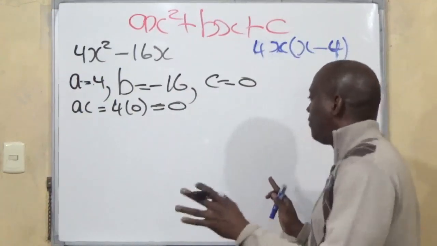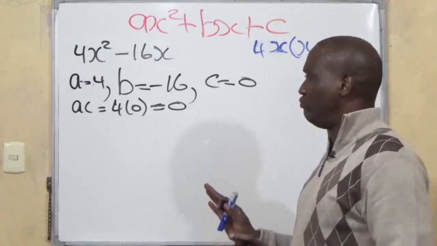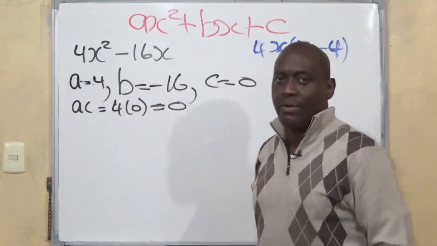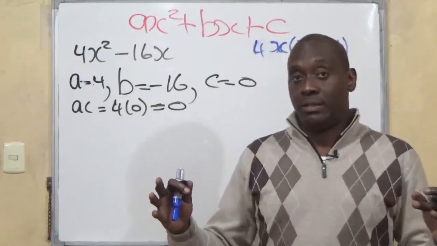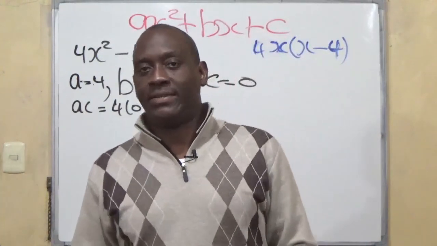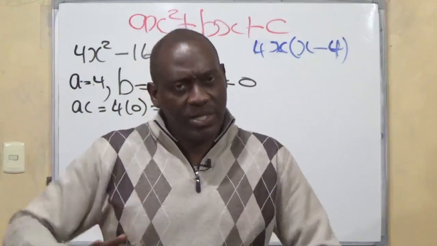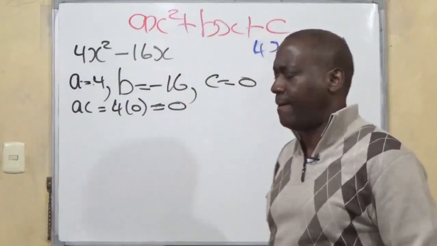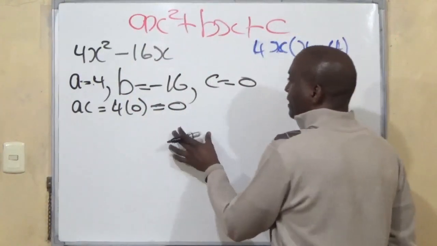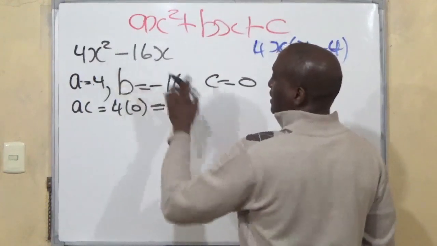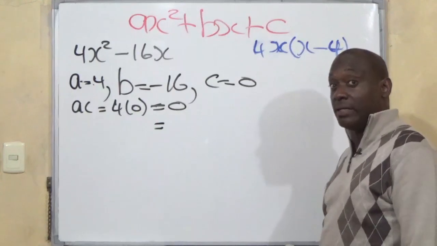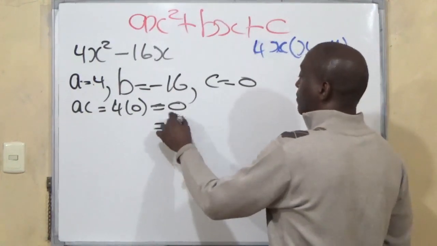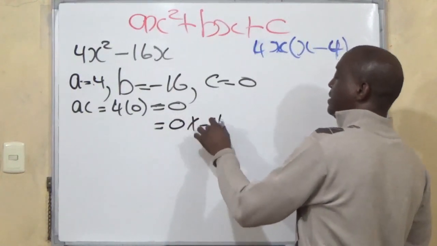So if we want two factors of 0 that will add to give you minus 16. So in other words, two factors that multiply to give you 0, that add to give you minus 16, those are the add-ends. We discussed that earlier on, right? We want factors here, which will be add-ends to give you this. The only pair of values that will do that would be 0 multiplied by minus 16.